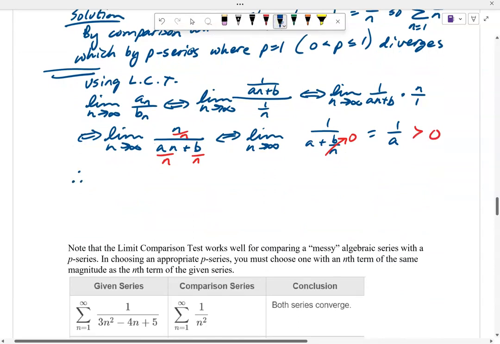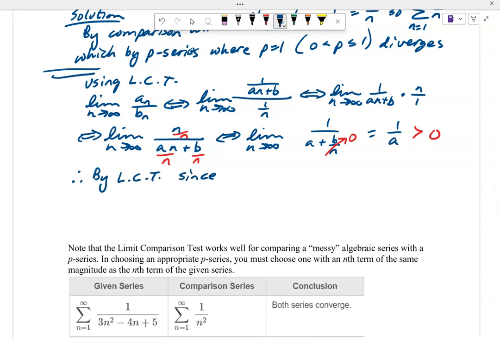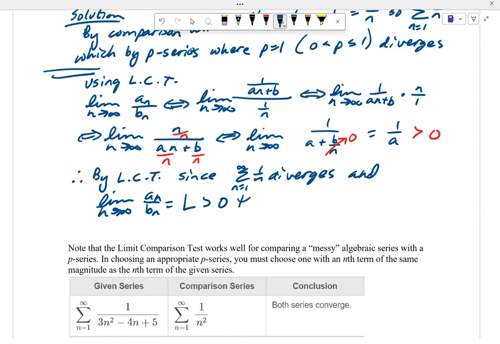So therefore, by limit comparison test, since the one we compared it with diverges, and the limit equals some value which was greater than 0, then the general harmonic original also diverges.